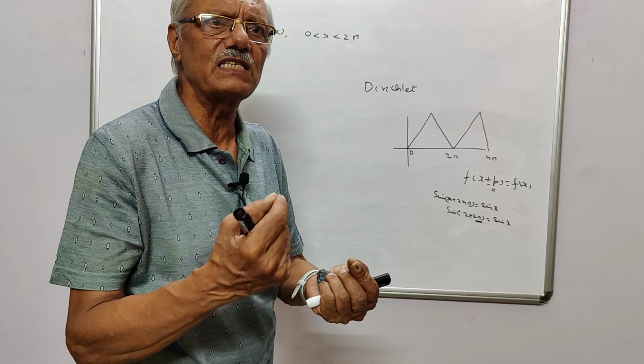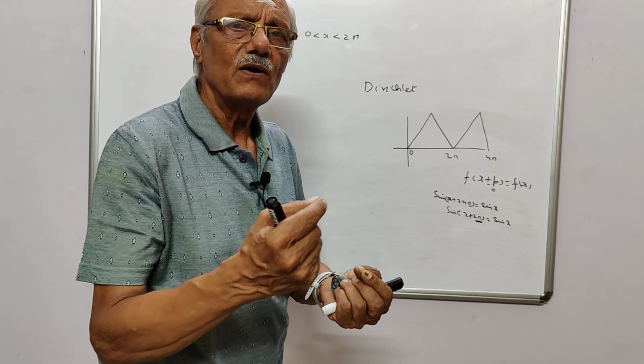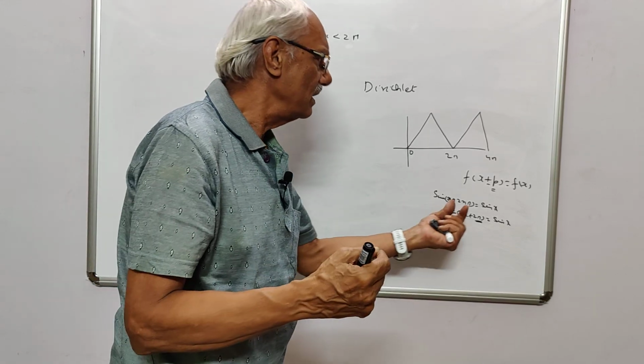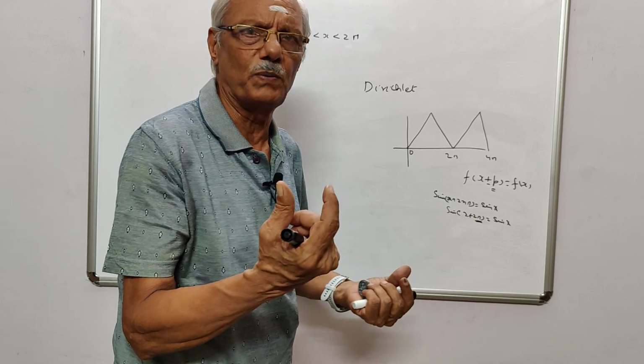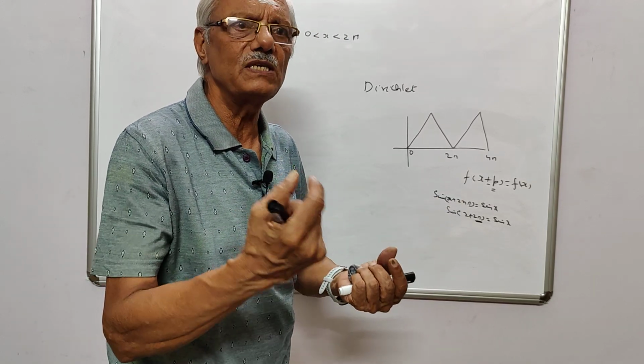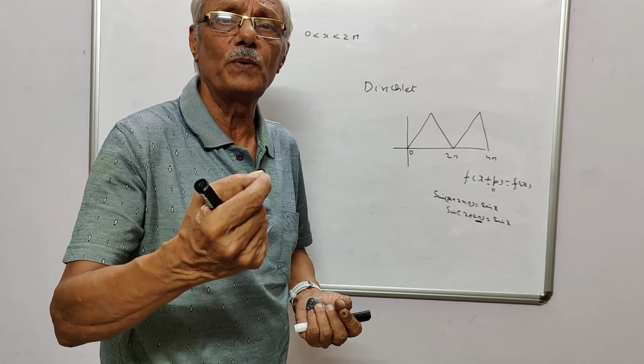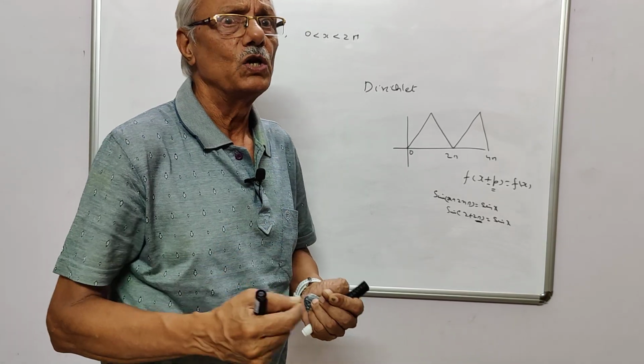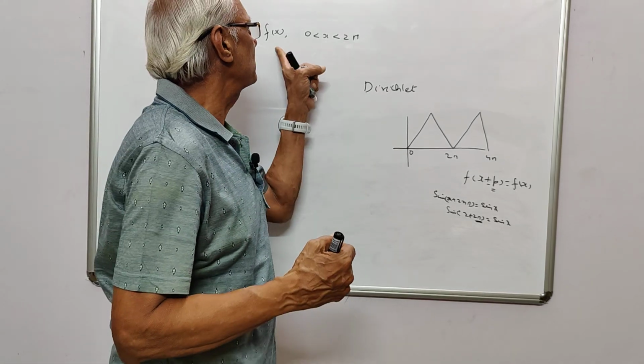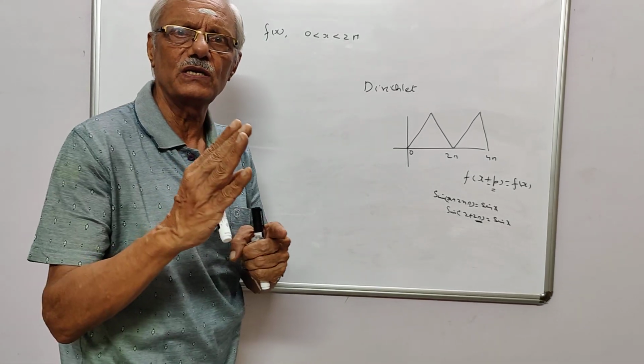That means the function gets repeated for every 2 pi in the case of sine. So 2 pi is called the period of the function. So f of x must be a periodic function.